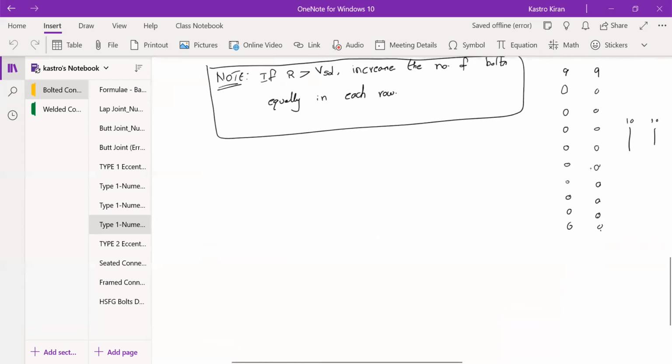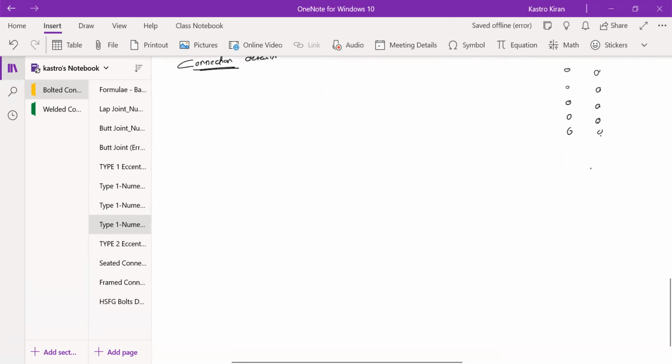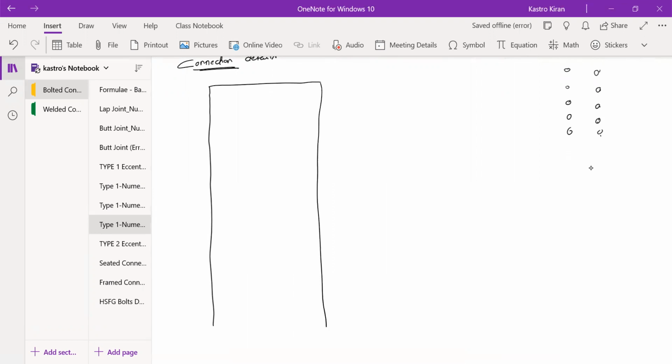Now, in the end, you have to draw the diagram showing the connection details. You can keep the heading as connection details. How to draw it? We have the column section, and to this column section we are attaching a bracket plate.